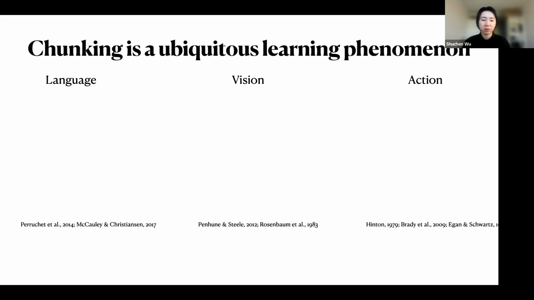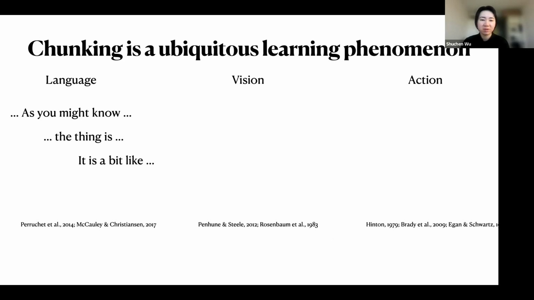I learned when I started my PhD that chunking is quite an ubiquitous learning phenomenon. It spans language, vision, and action. In language, you often use phrases such as "as you might know", and the difference between not chunking and chunking is that you remember these sub-phrases as a unit.